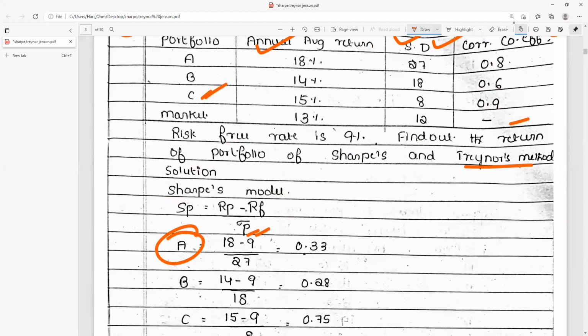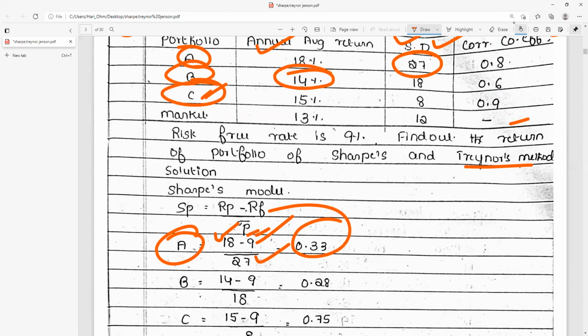For the first portfolio, A, RP is 18 and RF is 9, and the standard deviation is 27. So the answer is 0.33. Like that, calculate for B and C. For B, the return of the portfolio is 14, minus 9, that is RF, divided by 18.